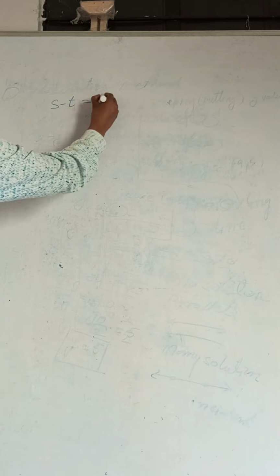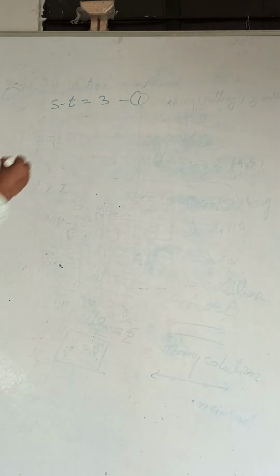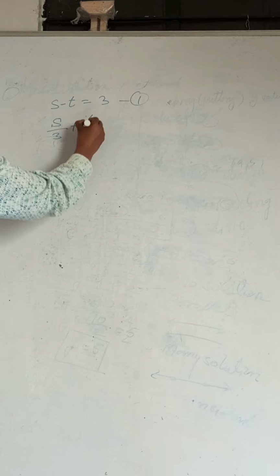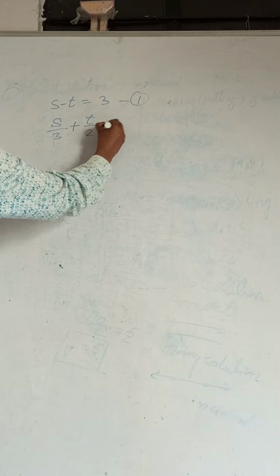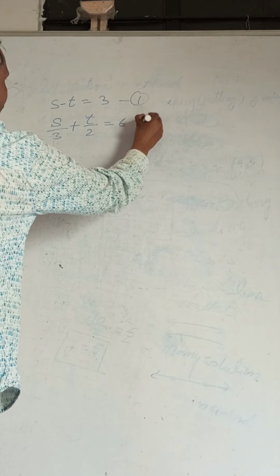Here it is given that s minus t is equal to 3, this is equation number 1, and another equation is s by 3 plus t by 2 is equal to 6, equation number 2.